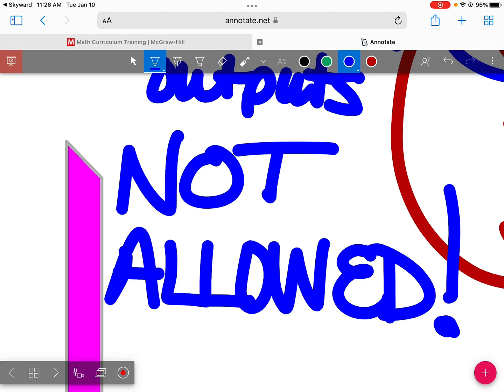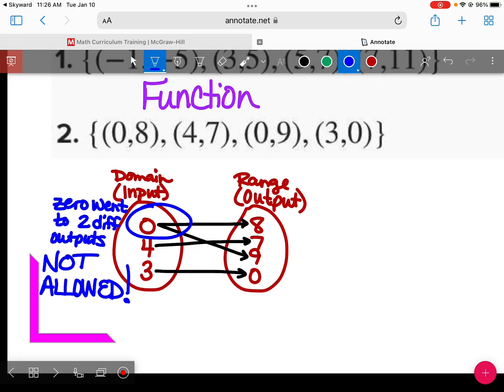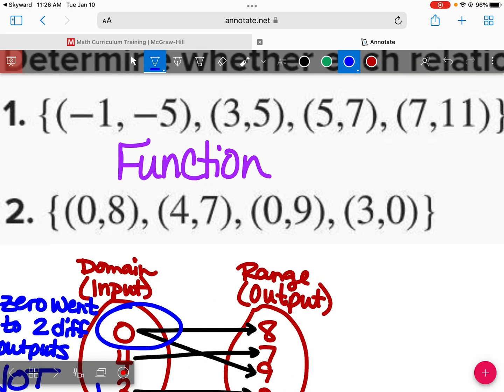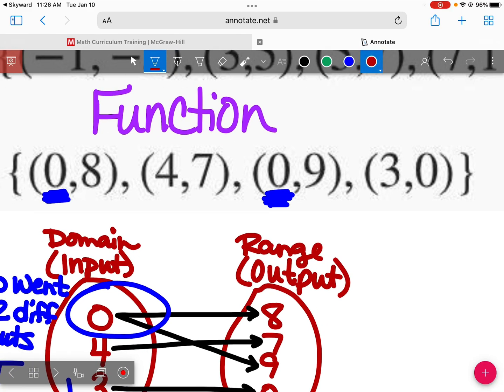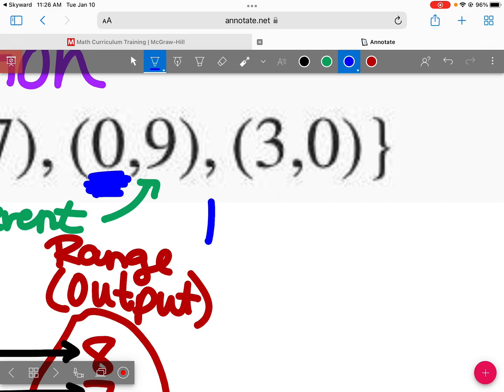If a piece of my domain, if a piece of my input goes to two different outputs, then it is not a function. So number 2, because we have this repeated input here with two different outputs, that means that this is not a function.